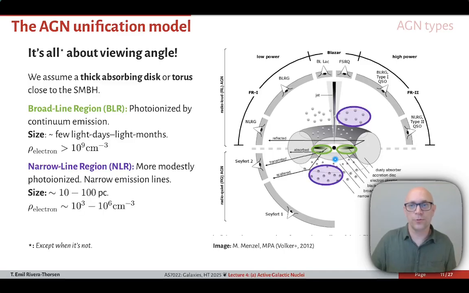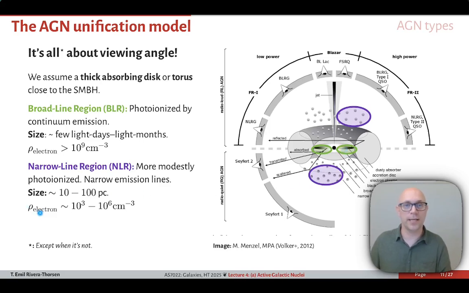Moving on to a little bit further out, where we have some clouds that are a little bit further away from the central accretion disk. These are therefore not as highly ionized and they are not as hot. They are more modestly photoionized and they show narrower emission lines. So these regions are 10 to 100 parsecs, so much larger than the broad line regions.